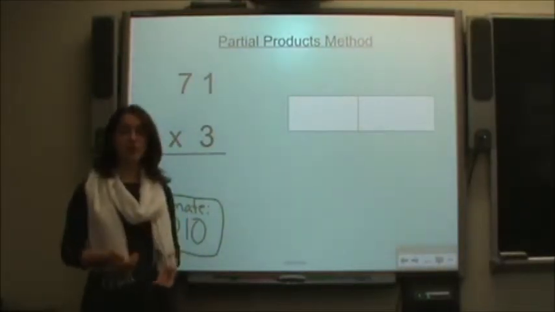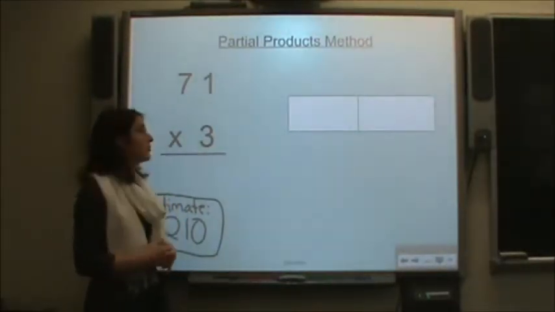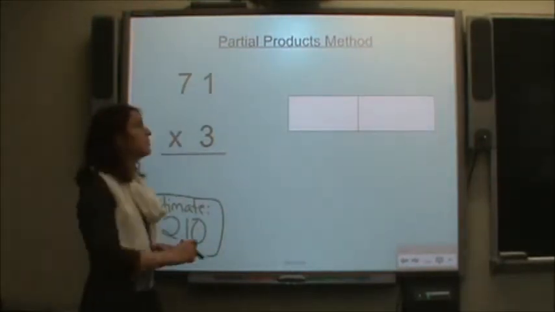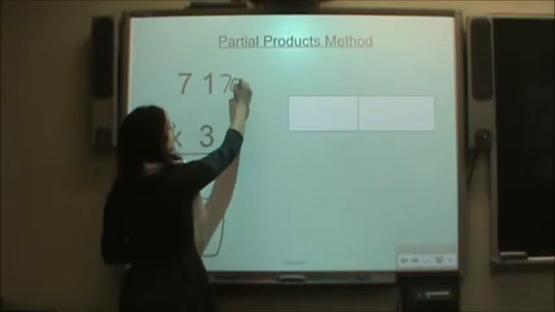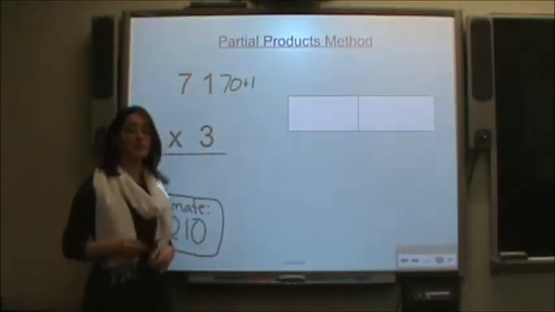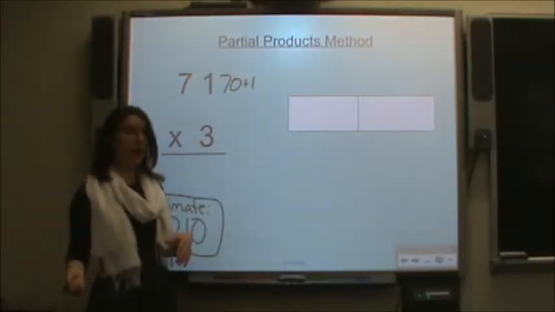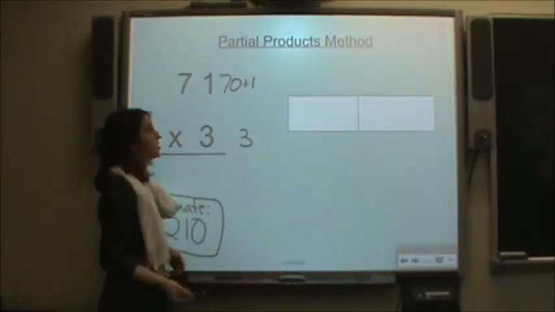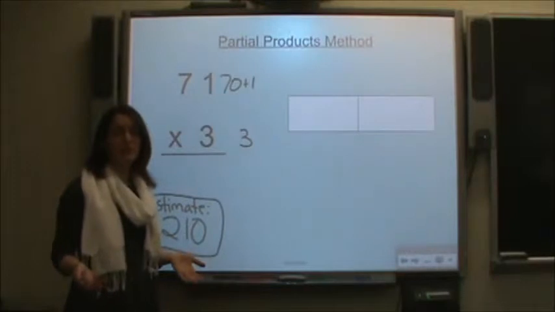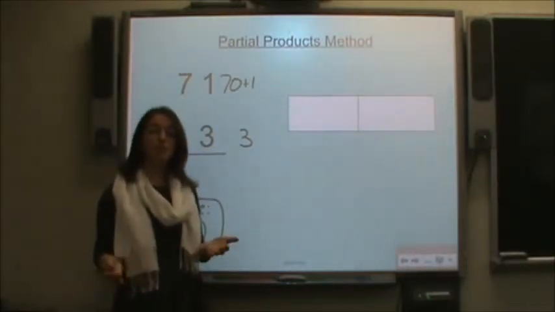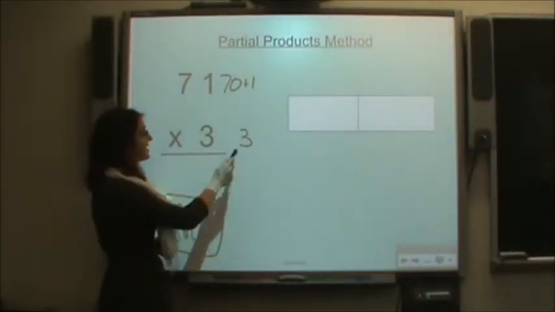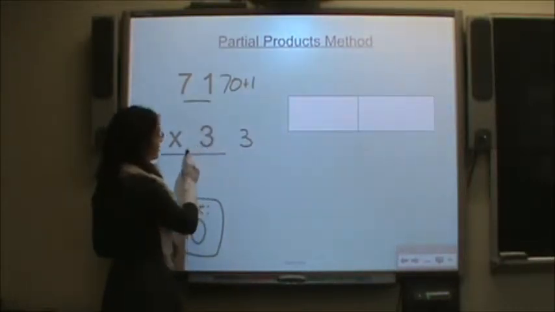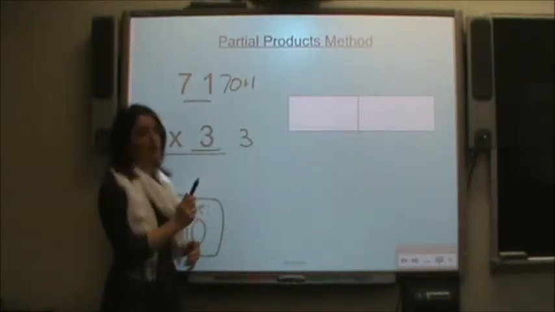So we'll remember that for later. In order to do a partial products problem, we're going to pull apart our numbers. So we know that 71 can pull apart into 70 plus 1. It's made up of 70 and 1. 3 can't be pulled apart. It's just a 3. So now I've pulled apart my numbers. With partial products, you multiply each part of this number by each part of this number.